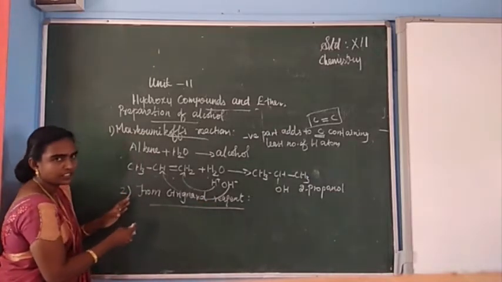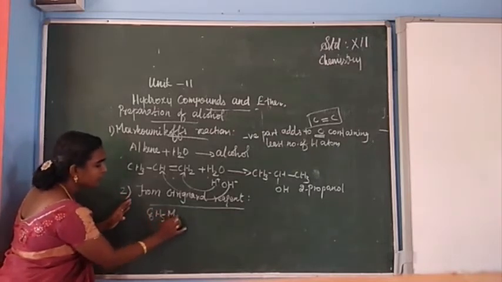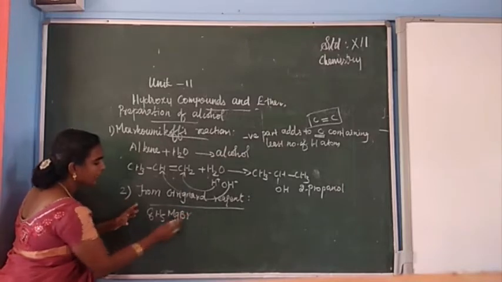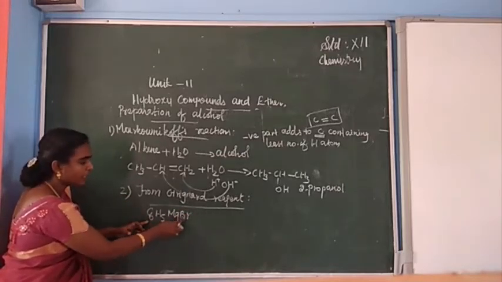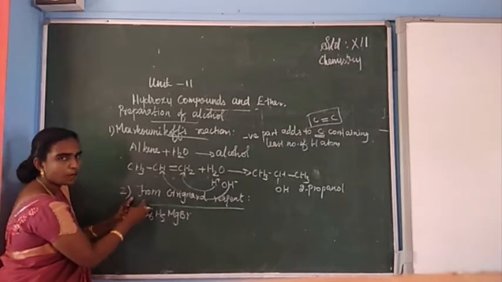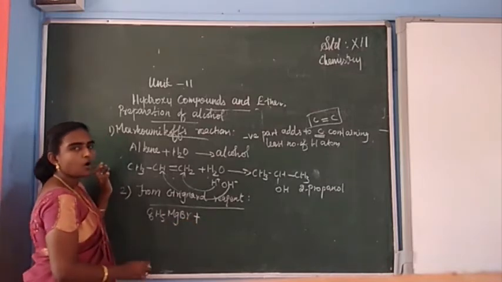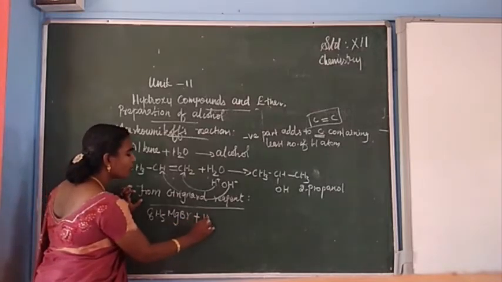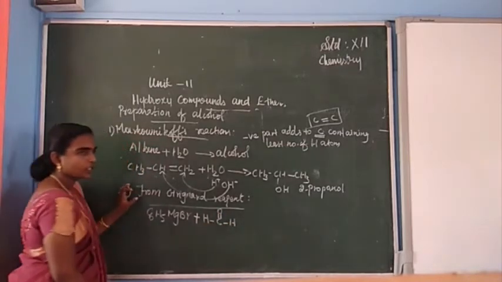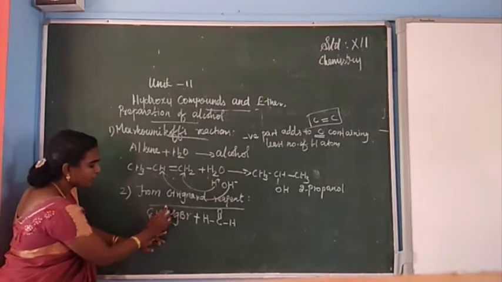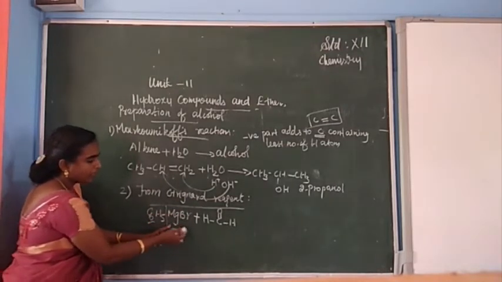First we can start with formaldehyde and C6H5MgBr. Grignard reagent we have taken is phenyl magnesium bromide; MgX is the common formula for Grignard reagent.